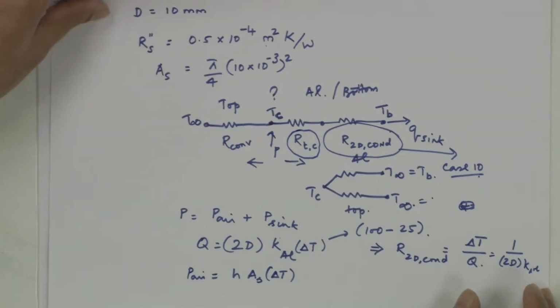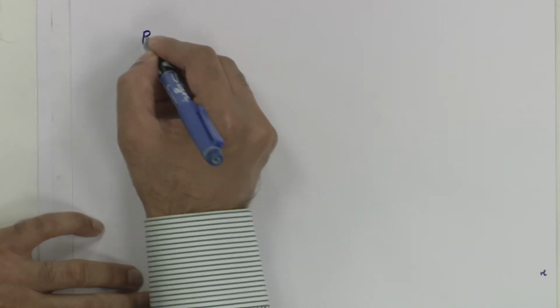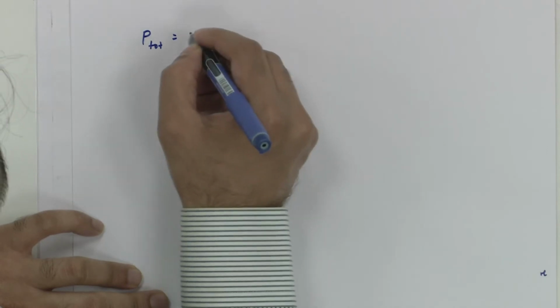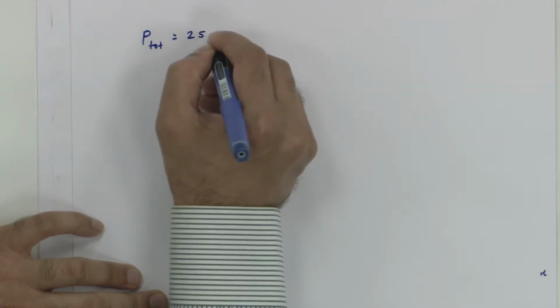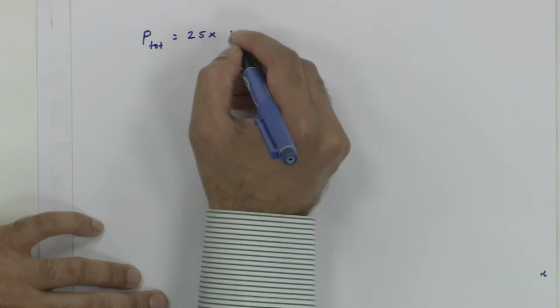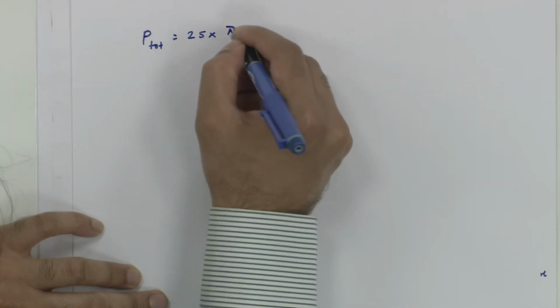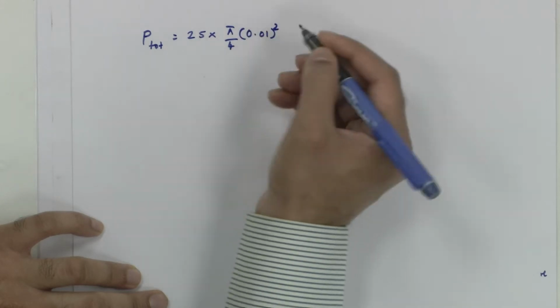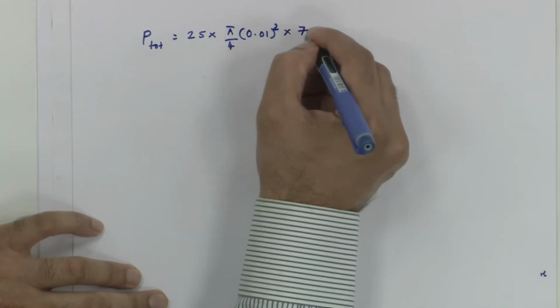If you look at the contact resistance, and if we write the total power that is dissipated by this component, it is nothing but 25 watts into the area being about pi by 4 times 0.01 square times 75.